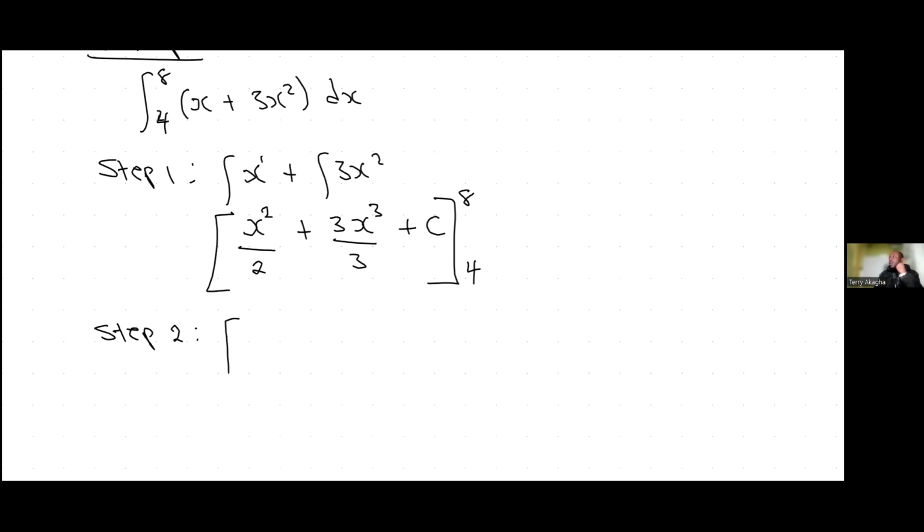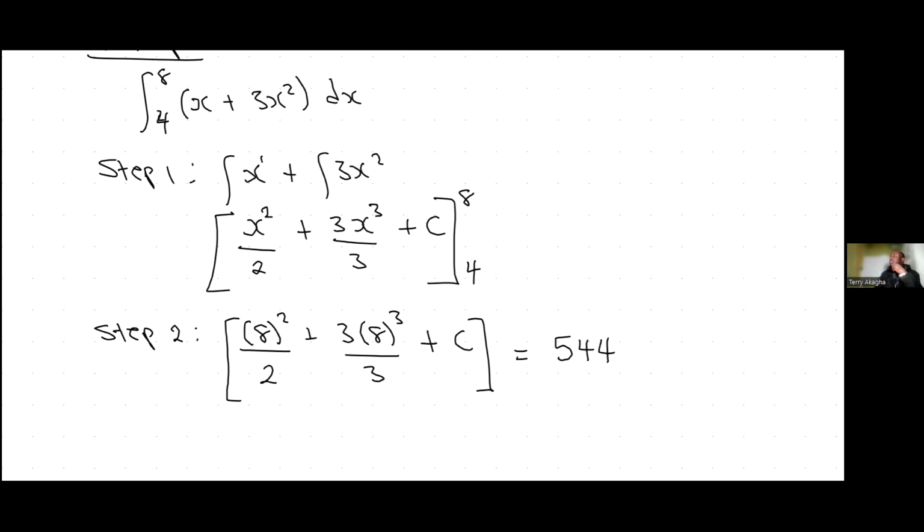The upper limit here is 8, so anywhere you see x, you're going to put 8. It becomes 8 squared over 2 plus 3 times 8 cubed over 3 plus c. When you solve this, it will be equal to 544 plus c. Are you seeing it?